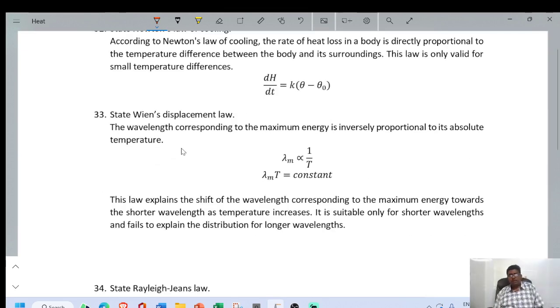State Wien's displacement law. While talking about black body radiation, in the black body spectrum, the energy corresponding to maximum is represented by a curve. If you are studying wavelength versus energy, we may observe the wavelength corresponding to maximum energy is represented by the letter lambda m.